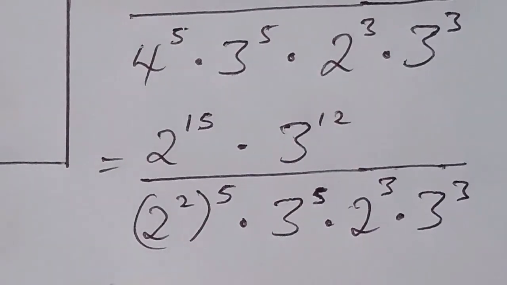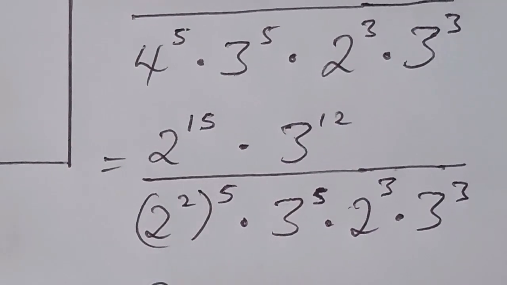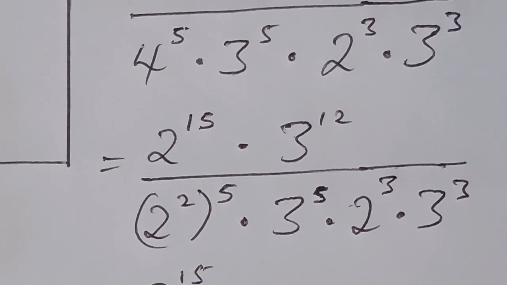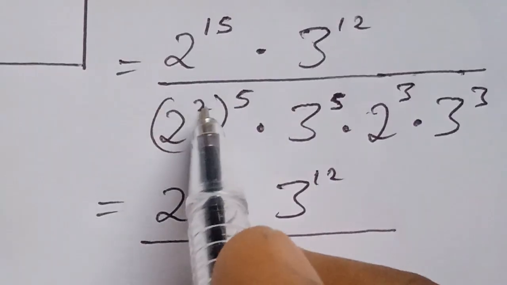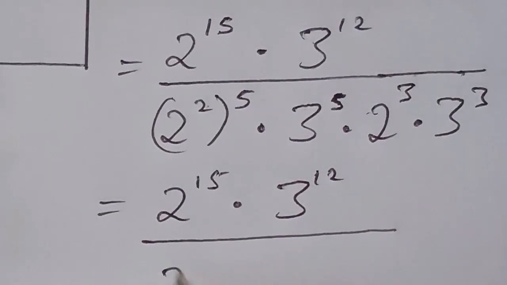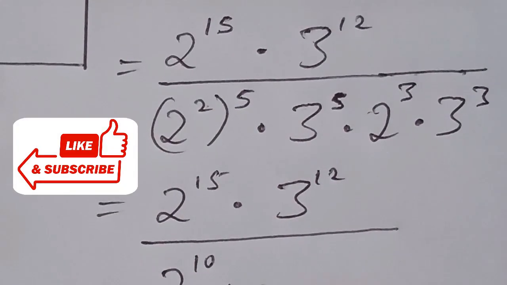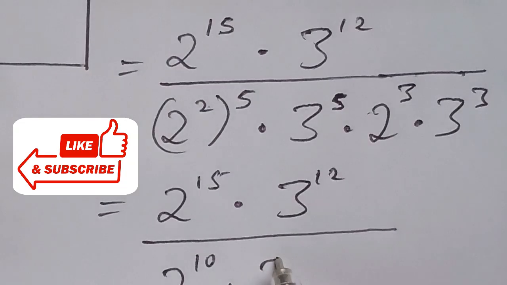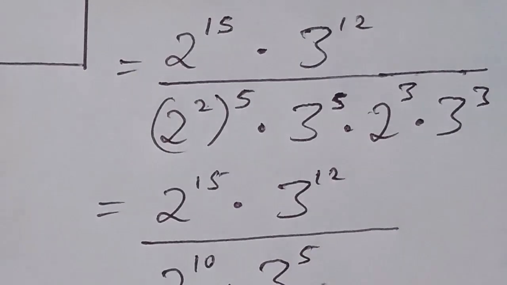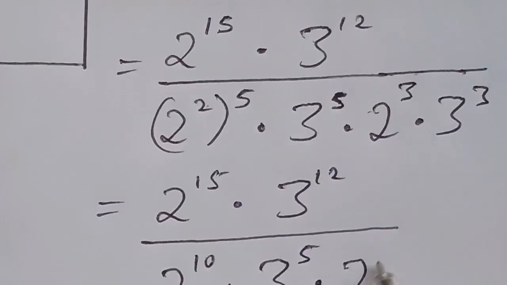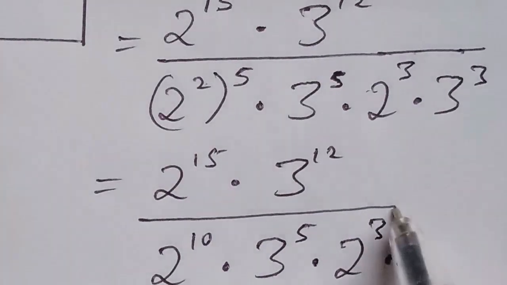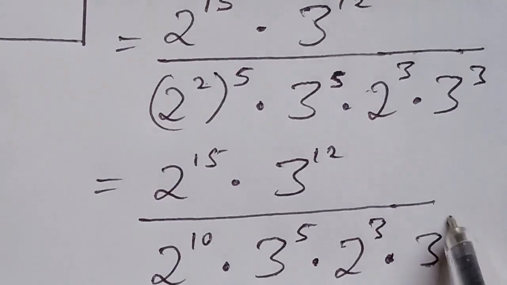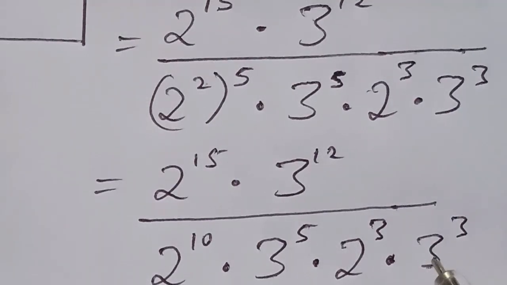So here this is written as equal to 2 to the power of 15 multiplied by 3 to the power of 12 all over this: 2 times 5, we have 2 to the power of 10, then multiply by 3 to the power of 5, multiply by 2 to the power of 3, then multiply by 3 to the power of 3.